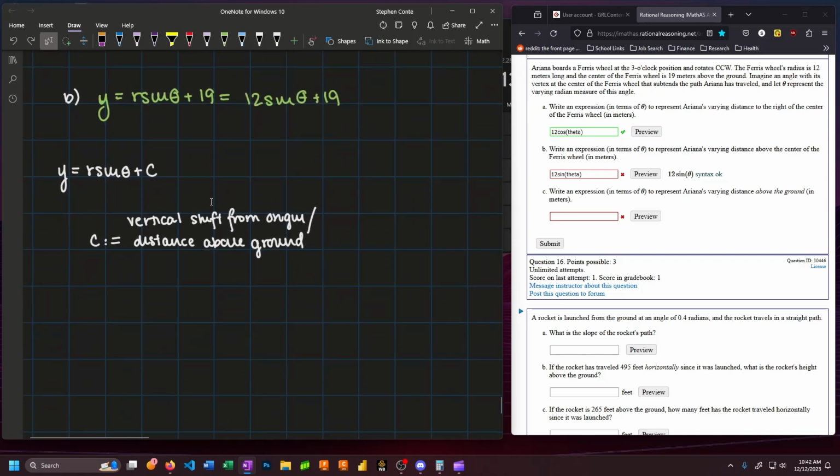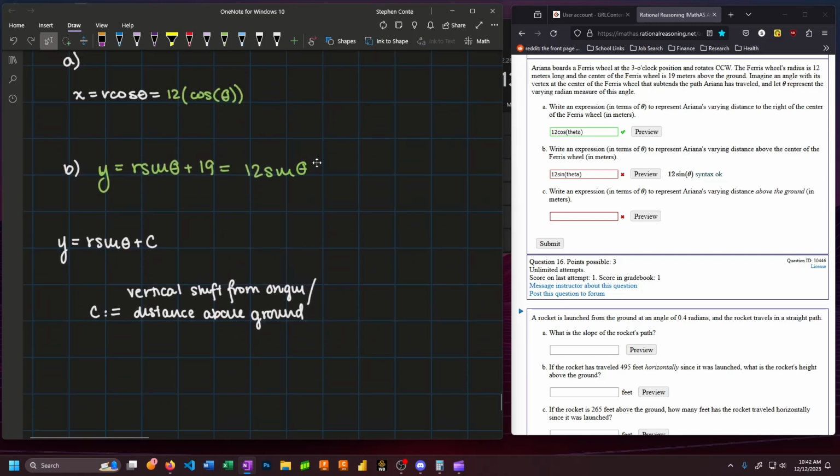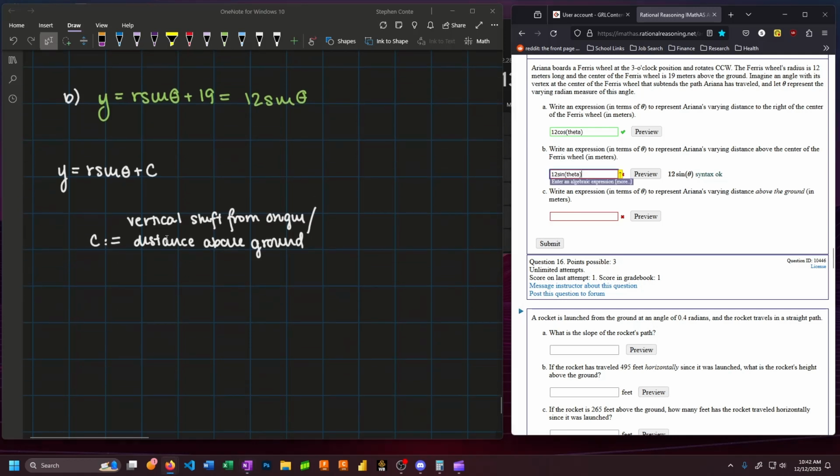So really for B, it's just 12 sine of theta. And then for C, we take into account that we're saying relative to the ground, above the ground. So then it's r sine of theta plus that vertical shift, which in our case, our radius is 12, so 12 sine of theta plus 19.